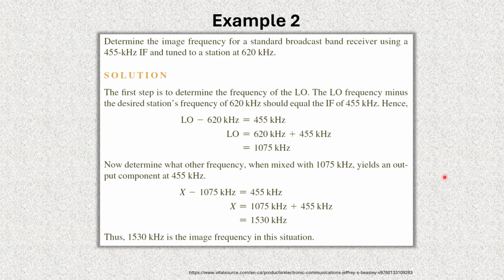So if there was another station nearby of a different frequency, but it hits that specific frequency, then there could be a problem because both of them could be biting each other.